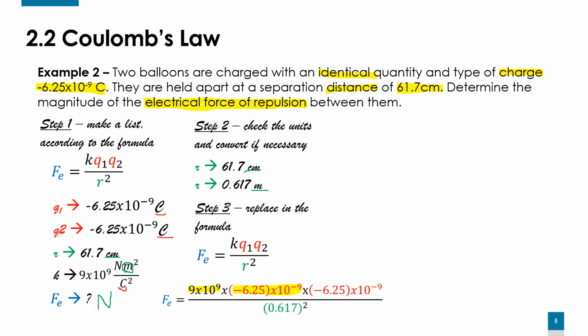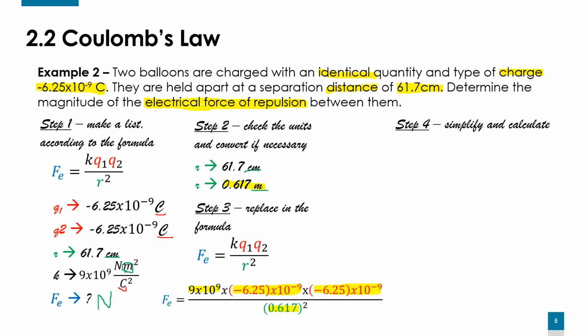My second charge, minus 6.25 times 10 to the power of minus 9, because they are identical. Just look at your list. And my distance that I just converted, 0.617 to the power of 2. Okay? So I just replace in the formula, nothing new here.